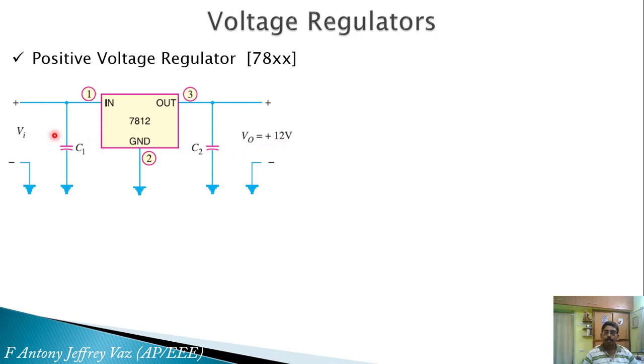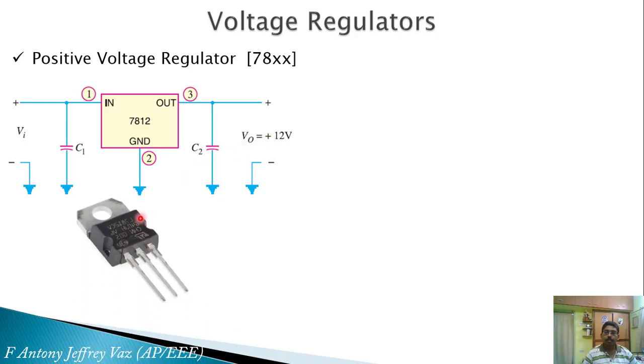If you decrease the voltage below 12 volt, if you give only 10 volt, then the output voltage will be 10 volt. It will not boost the voltage, it will just regulate the voltage and maintain it at 12 volt if you apply a voltage greater than that. If it is a 7805, similarly it will be 5 volt.